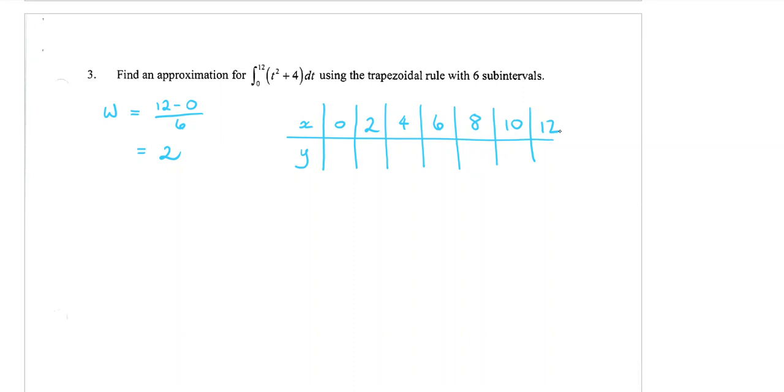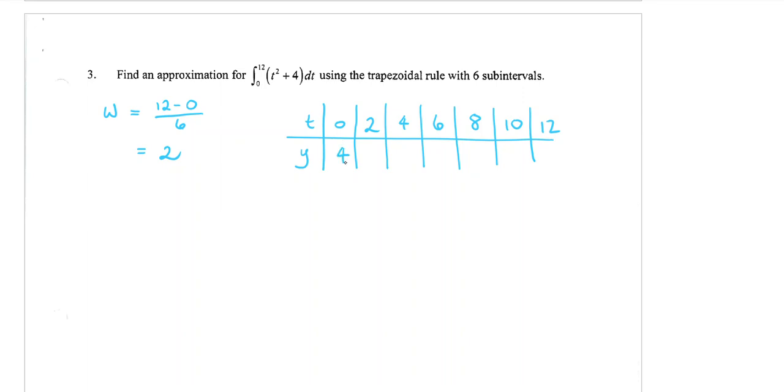Now let's go through and let's do T, because we're using T. Let me change my letter since we're just using T instead of X, that's okay. Sub these into here to find the y values. So it'll be 0 squared plus 4, which is 4.